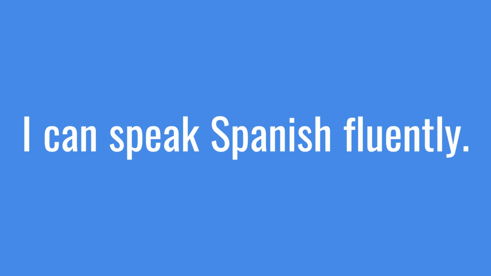Let's see if you can figure out the meaning. I can speak Spanish fluently. Here, the modal verb can indicates the ability to speak a language. Look at this example. It can get quite cold in winter. In this one, can expresses the possibility of cold weather in winter.